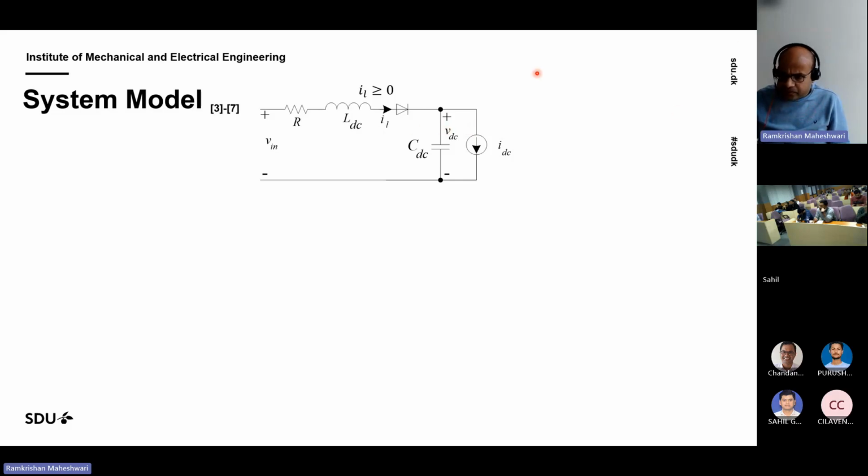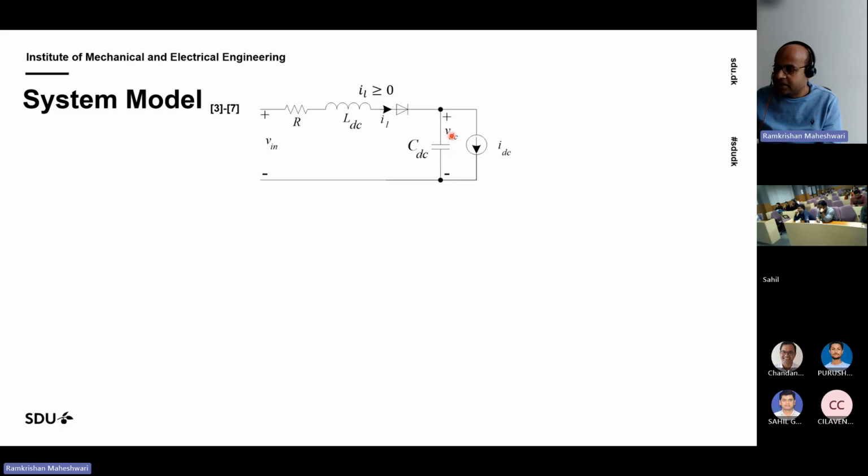If we talk about the system here, we can simplify the system as a single phase system feeding an RLC load, and the current in this line is always positive. So that will emulate the behavior of a diode.